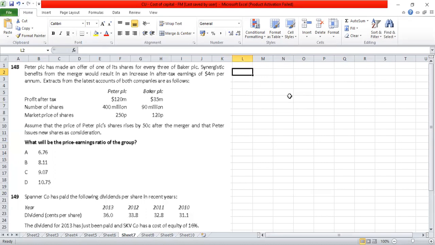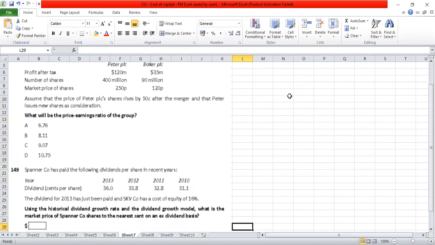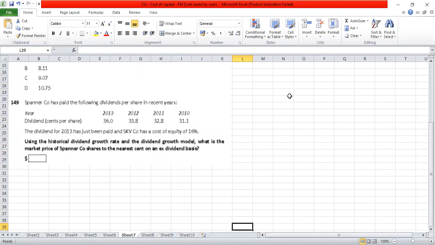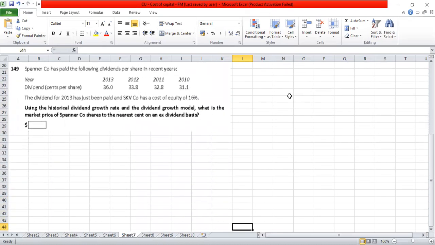P2P ALC had made an offer. This one is the same thing. 149 we'll work it out. Spanner company has paid the following dividends per share in recent years. We have years 2013. No, I have made you work out this one, no?